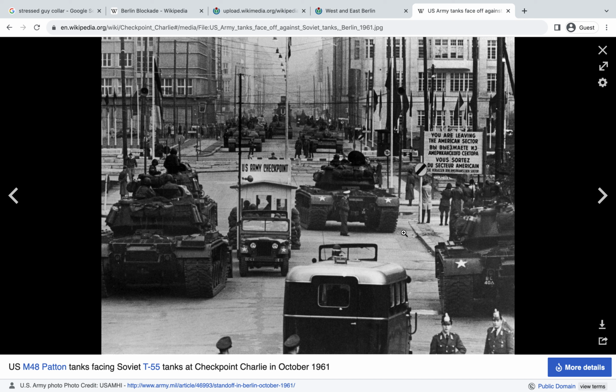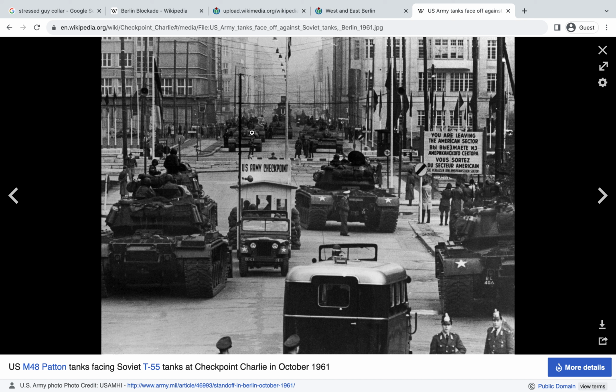So there are several checkpoints. They're basically, if you want to call them, portals to be able to cross from East and West Berlin and go back and forth. And this is one of the sectors, and it was called Checkpoint Charlie. And right here, you are looking at American tanks pointed at the other side of Checkpoint Charlie, where the Soviets are.